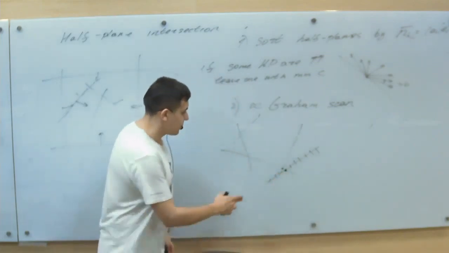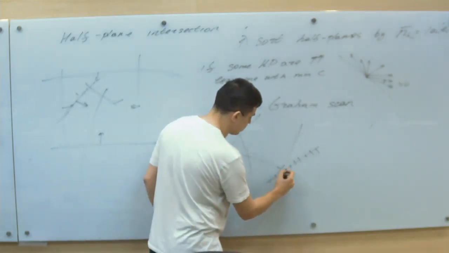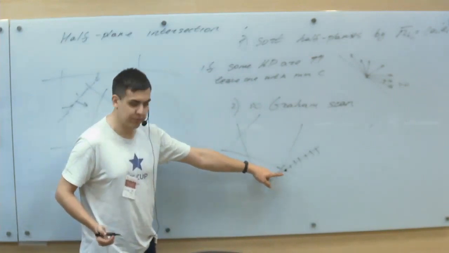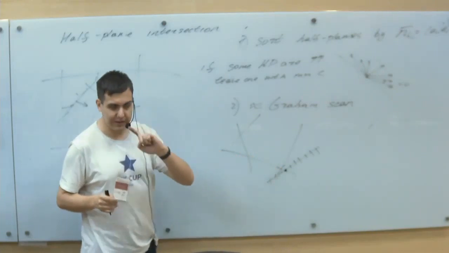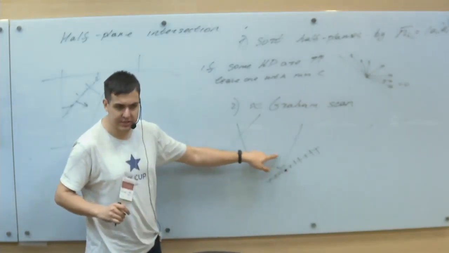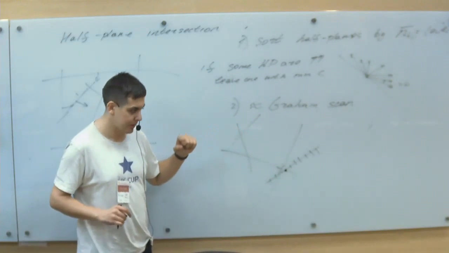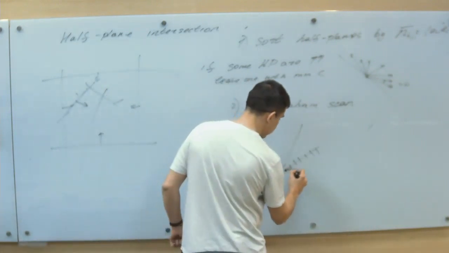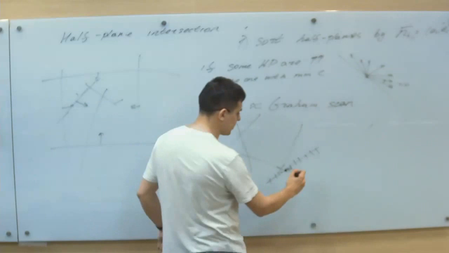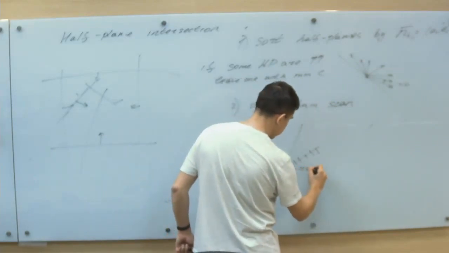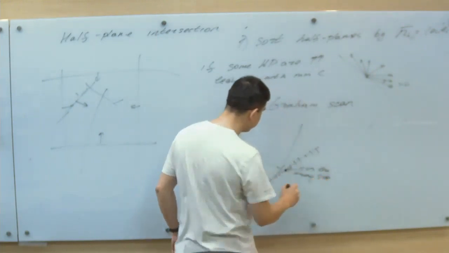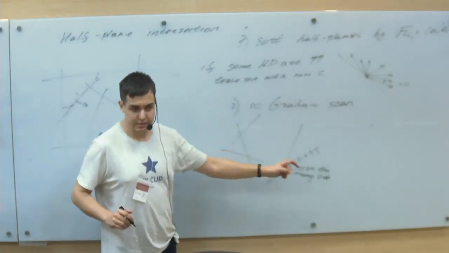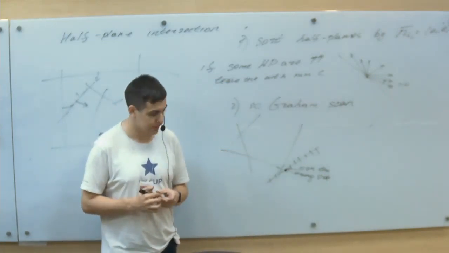Well, for now, let's consider only one intersection point, which was the intersection point between the last 2 lines on this half plane. So if it is on the wrong side of this half plane, then we don't need this half plane at all.